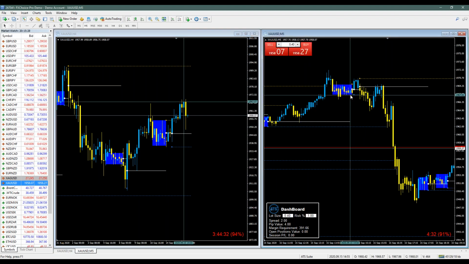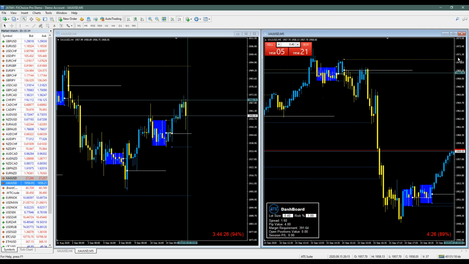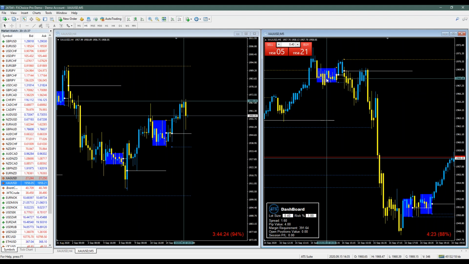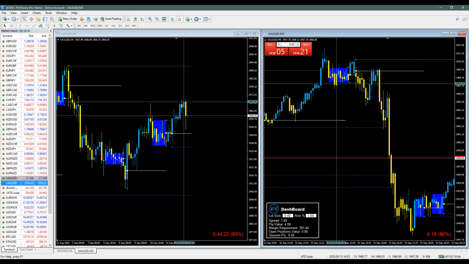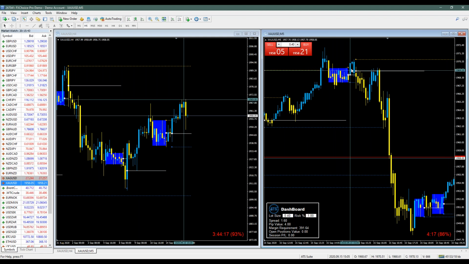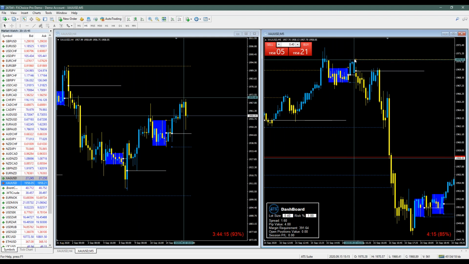Now, how do I identify an actual master pattern starting to take shape? Very, very simple. When you form a new box and price breaks through the low or the high of it, through the low, through the high, that is a potential master pattern right there.